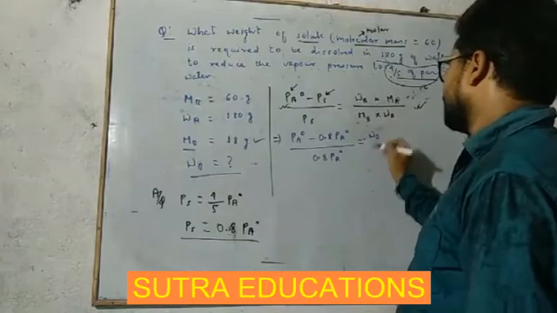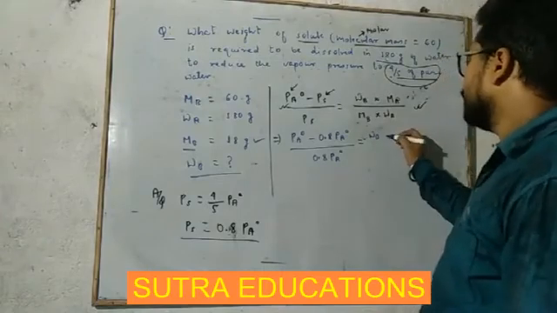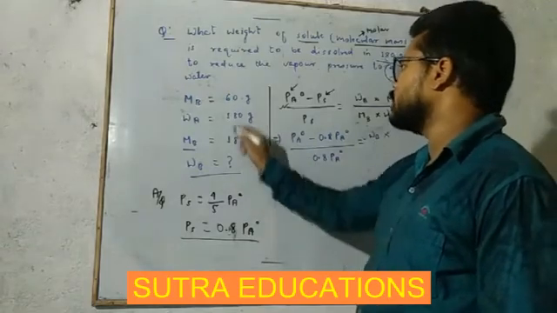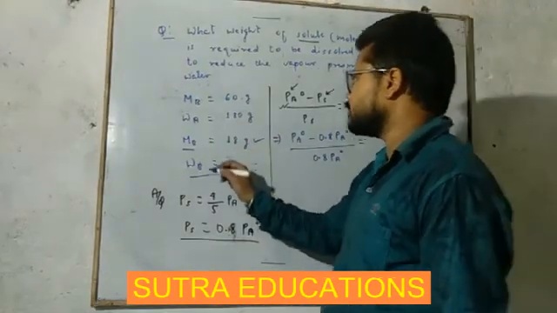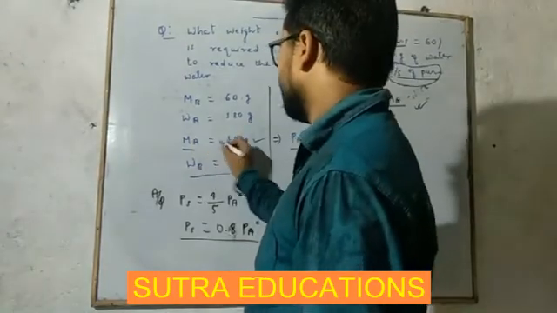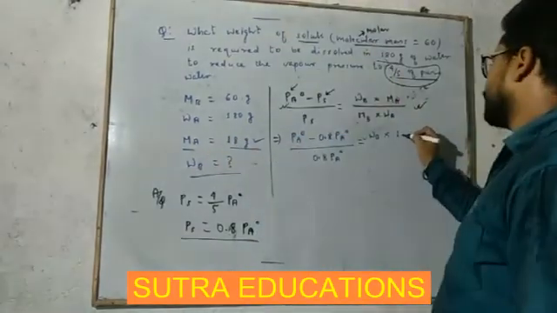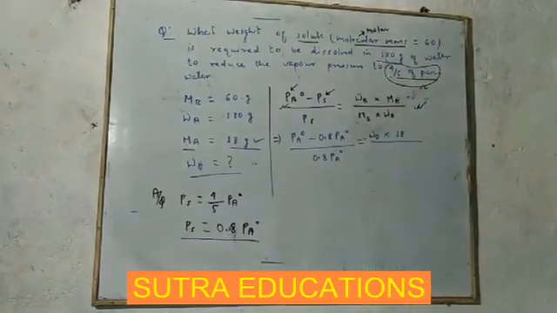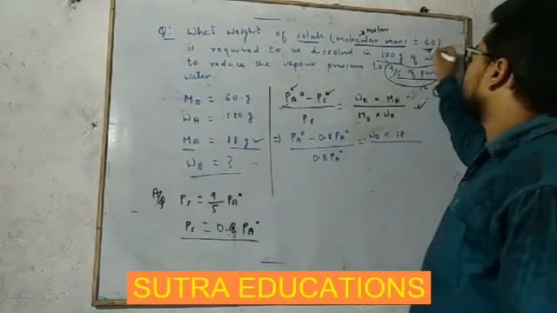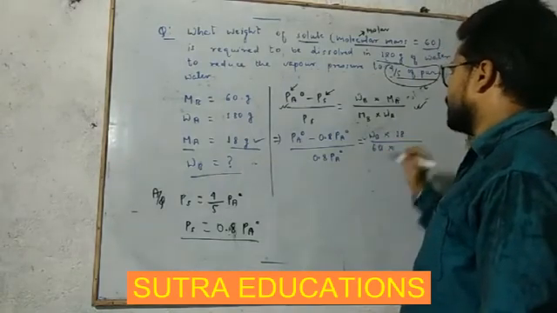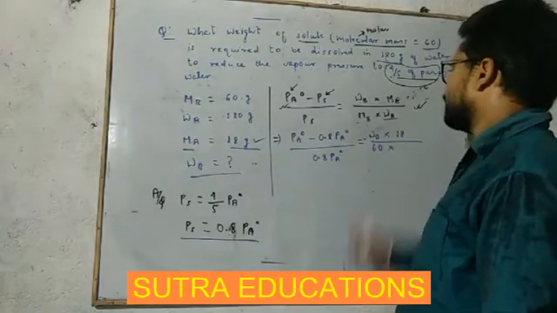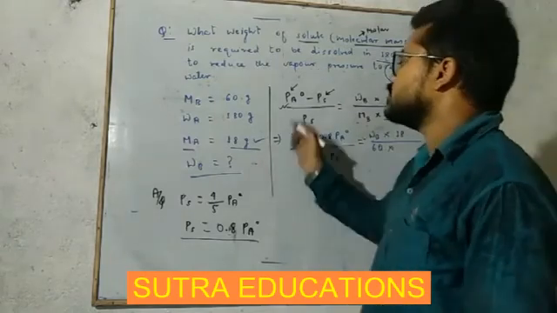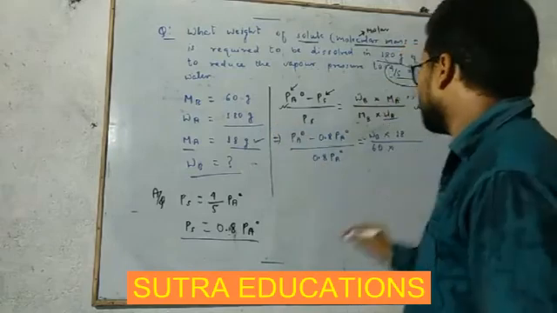So write it as it is: WB into MA, molar mass of solvent, which is 18 gram, divided by MB, molar mass of solute, which is given as 60, multiplied by WA. WA is the mass of solvent given, which is 180 gram.